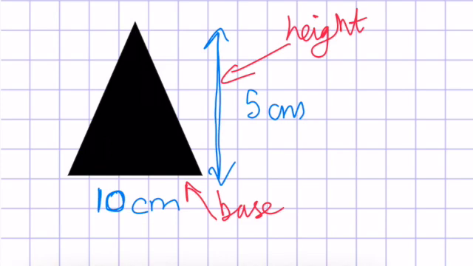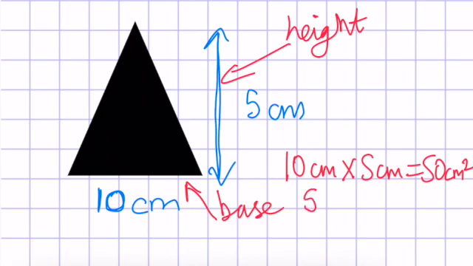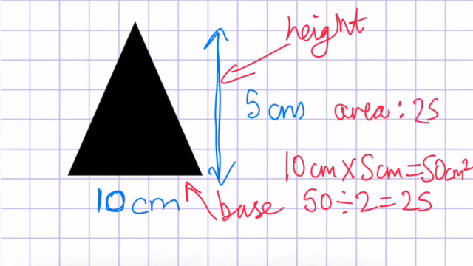So, 10 centimetres times 5 centimetres is 50 centimetres square. But we then have to divide it by 2. So 50 divided by 2 equals 25. So the answer, the area of this triangle is 25 centimetres square, or square centimetres. Don't forget the 2 there.